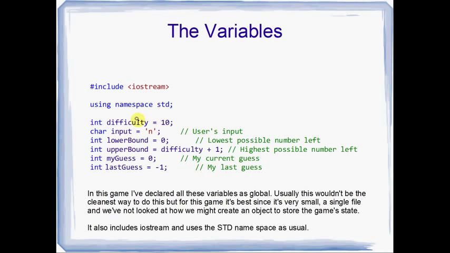People think that's a big no-no, but for this particular game, it's really small, and I just wanted all of the variables to be visible from my functions, so I think this is a good way to do it. We're just using a single file here, so it doesn't matter. In bigger games, though, if you make everything global, you're going to run into trouble.